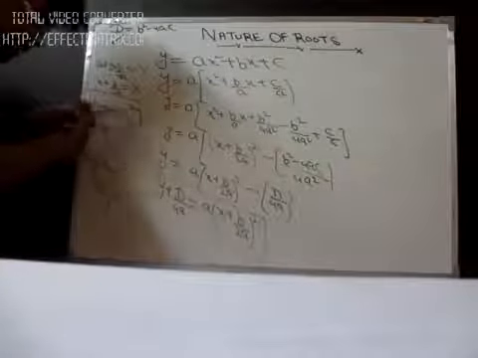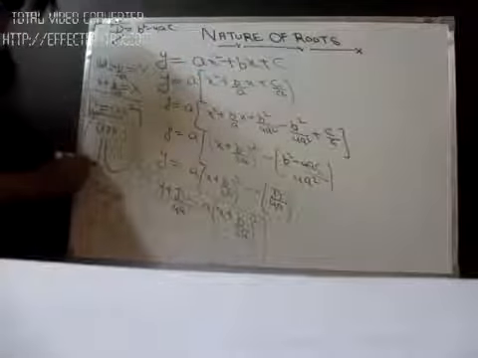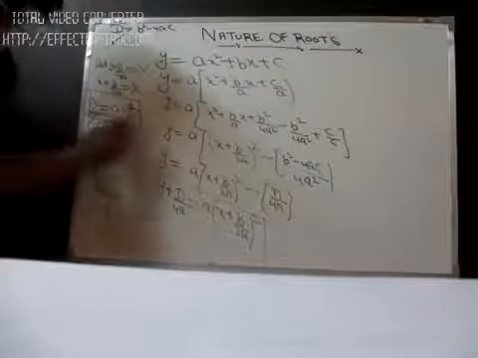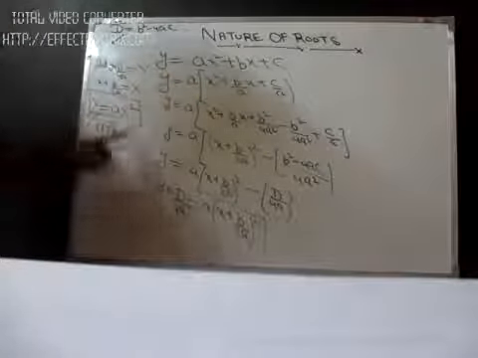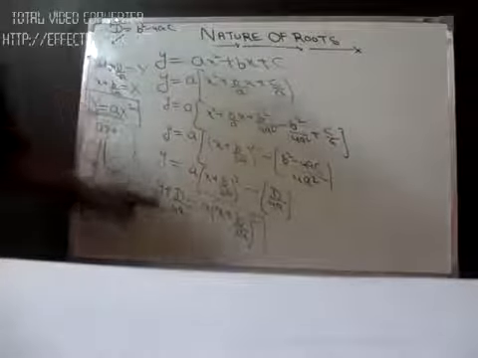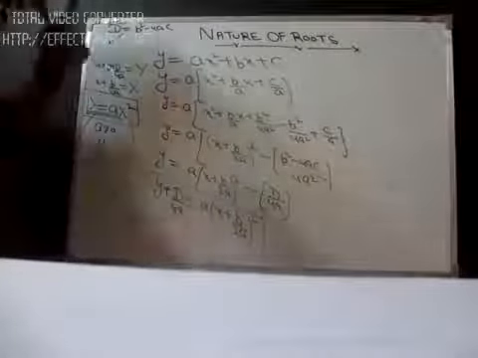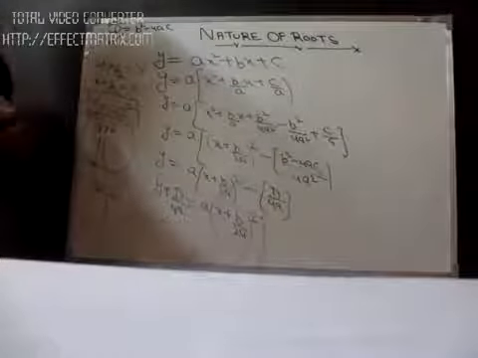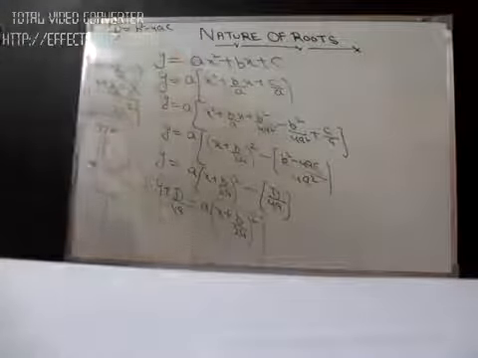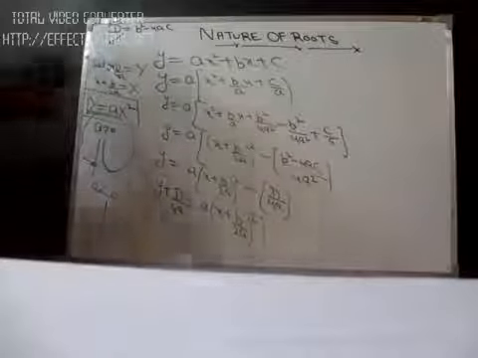In this case the center point is 0, 0 and the graph will look like this. But in this case, we shifted 0 to minus D by 4a, and here 0 to minus b by 2a. So the minimum point will be minus b by 2a, minus D by 4a.